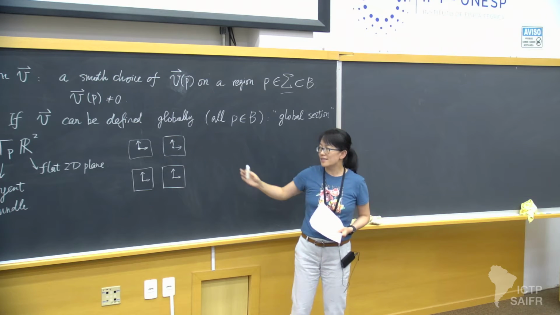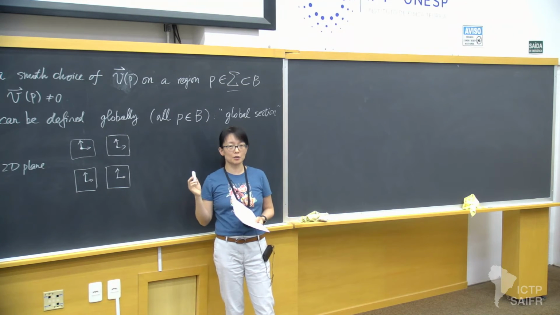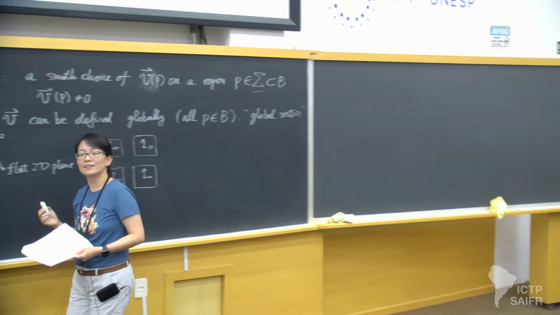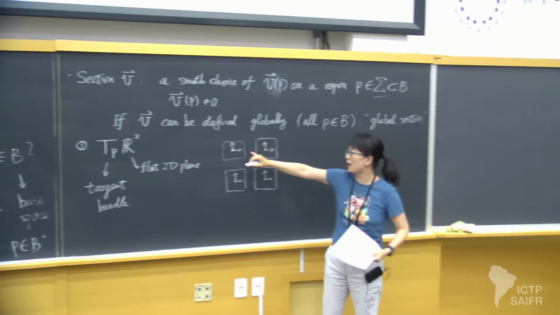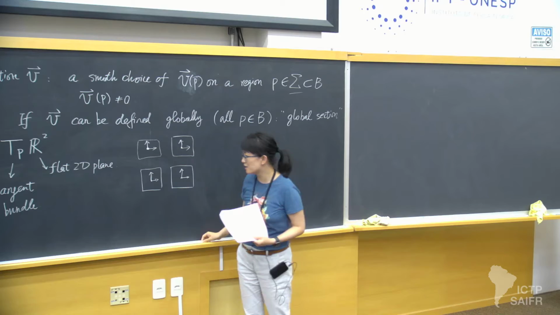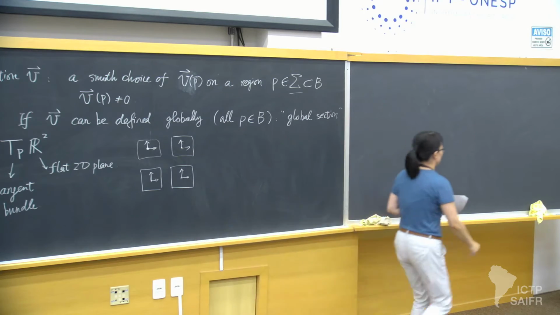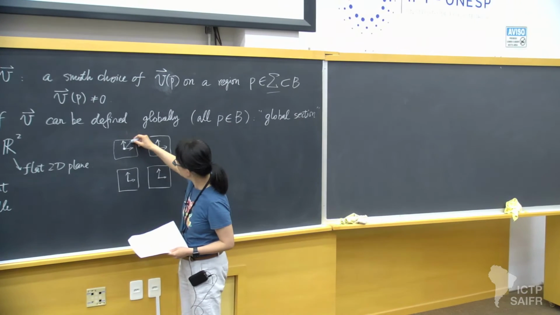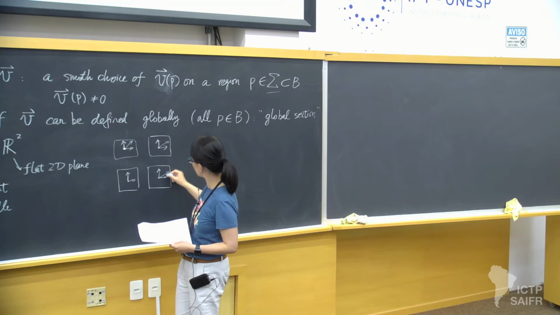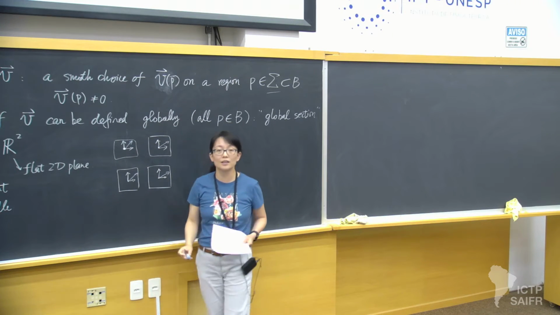Then what is a section of this tangent bundle? Yeah, you can just choose whatever value for each point, right? A section would be, let me use a different color. For example, if I do something like this, I just vary it a little bit at each point.